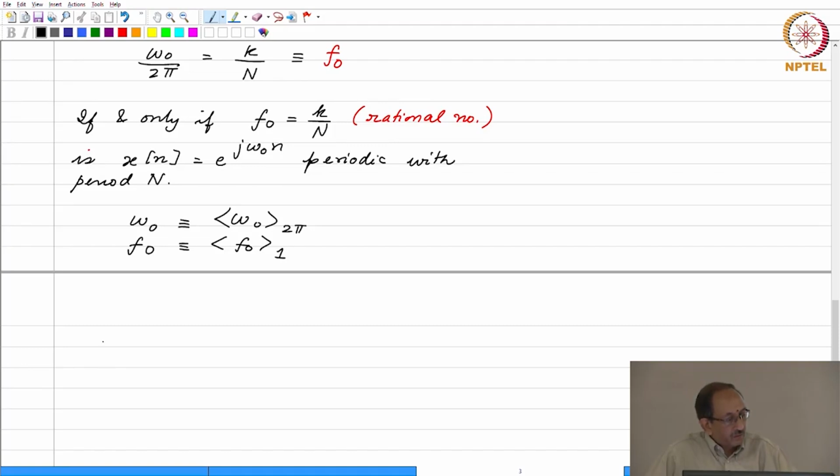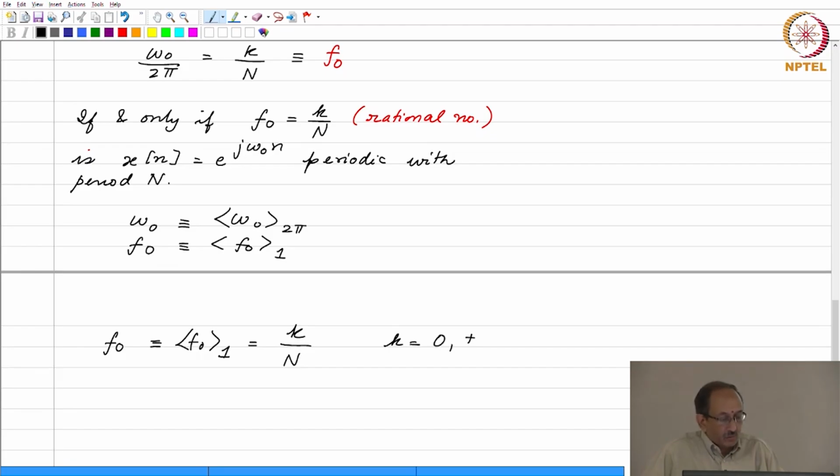So, this means that f naught, which is f naught mod 1, remember f naught for the exponential to be periodic has to be of the form k by N, and k takes on the values 0, plus or minus 1, plus or minus 2 and so on.